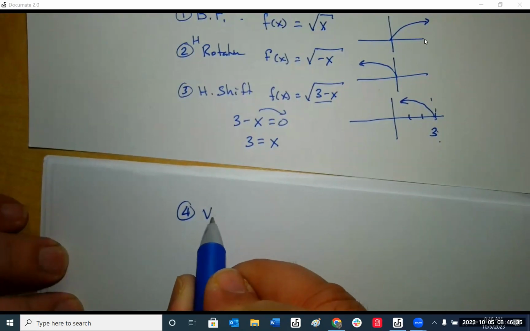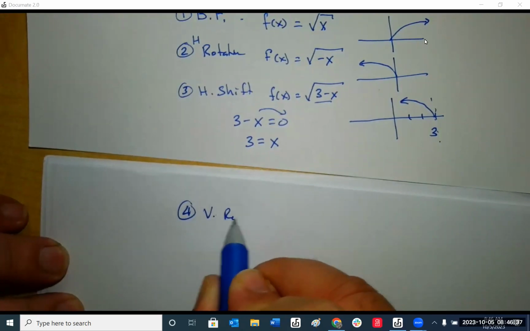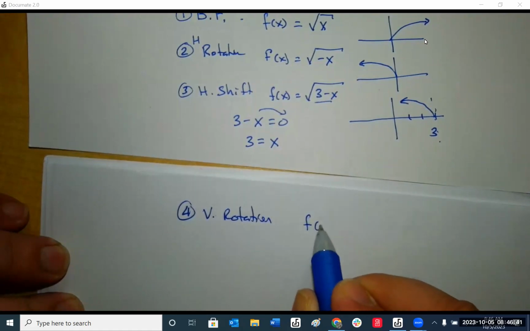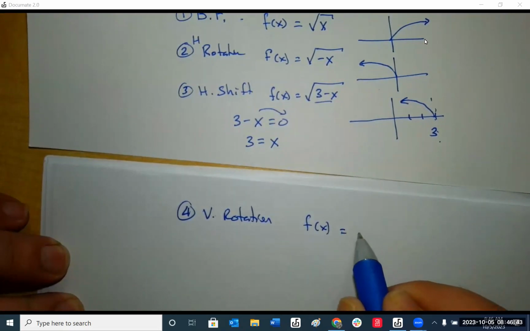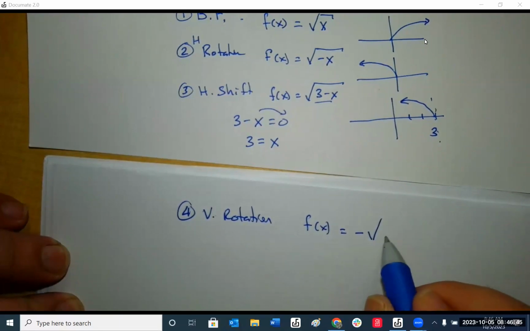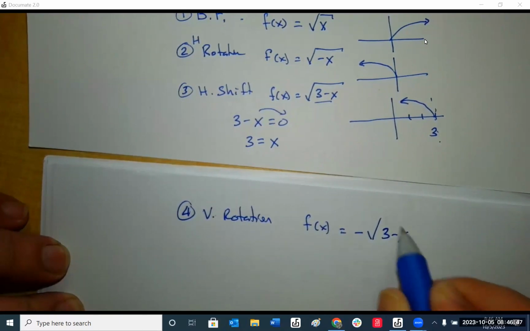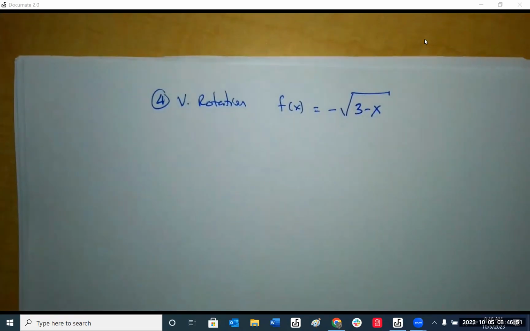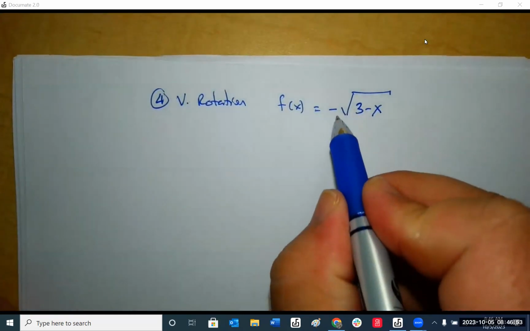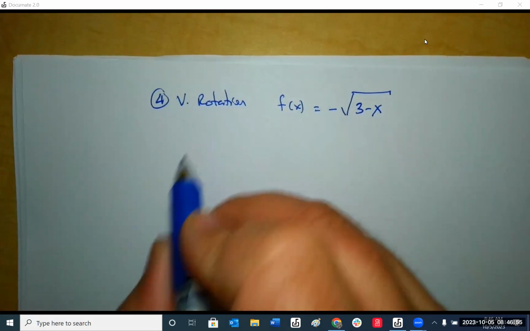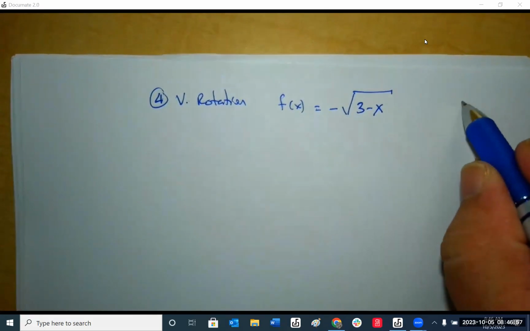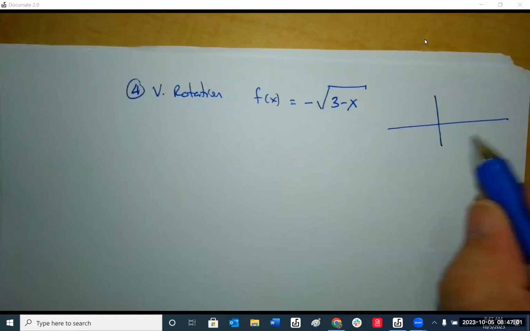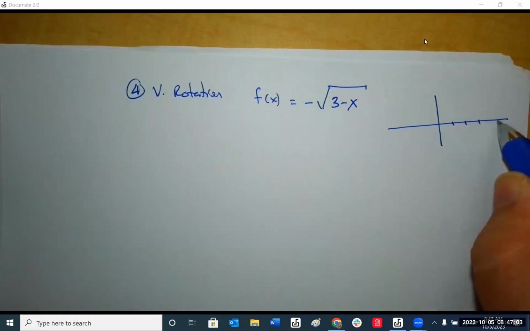Is there a vertical rotation? In other words, is there a sign change outside the function? Yes, it changes. So our graph now, remember we shifted to the right 3 spaces.